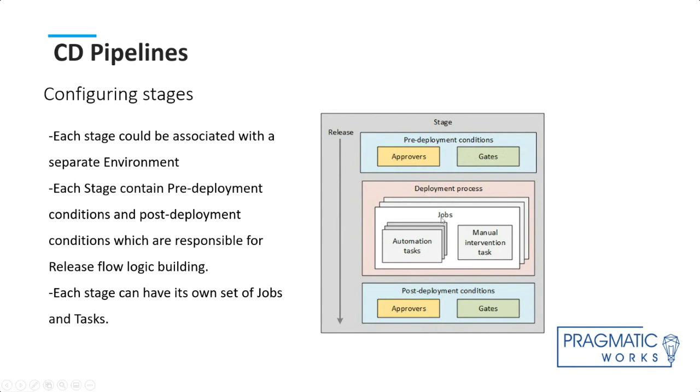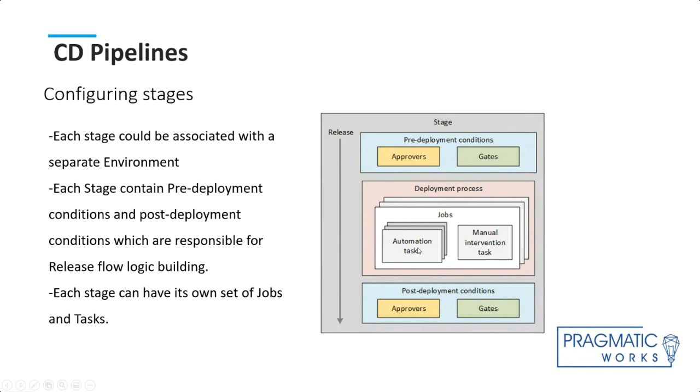Inside the deployment process, we have jobs, and inside these jobs, we have snippets, which are automated tasks. And of course, using agentless logic, we can use the manual intervention task, which is more convenient when, for example, we need to deploy something and check if everything is okay, and we can use this manual intervention task to proceed the deployment on other stages.